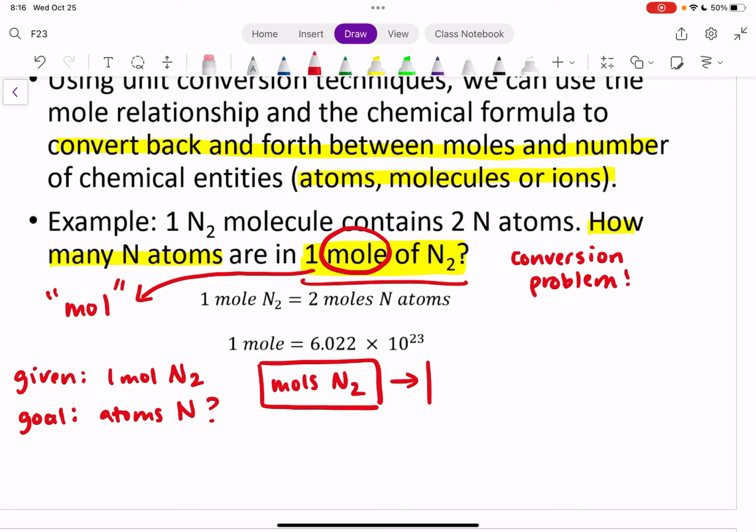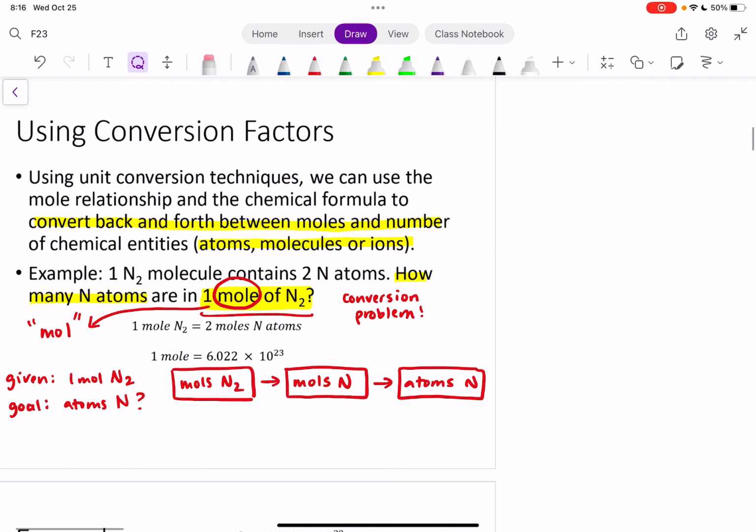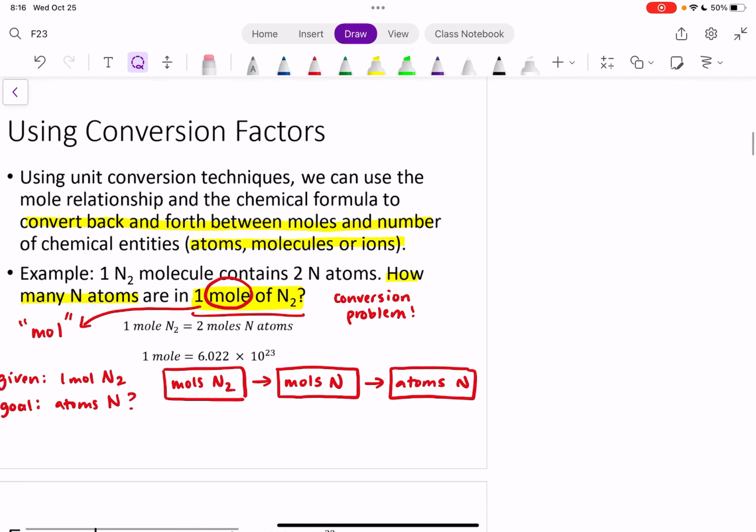So first, I need to convert to moles of nitrogen, moles of nitrogen by itself. And then I need to get to atoms of nitrogen. And just stick with me. We'll see how this works. So that's my general problem solving strategy.